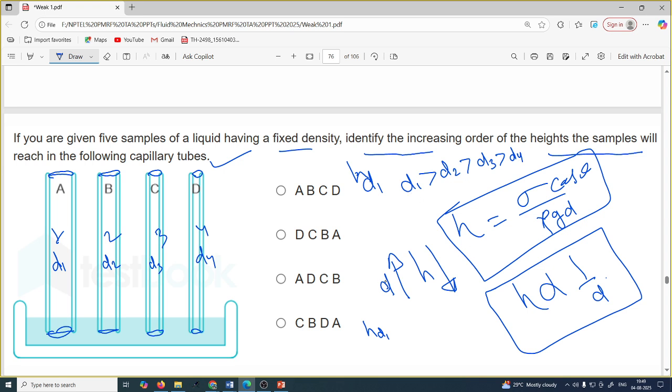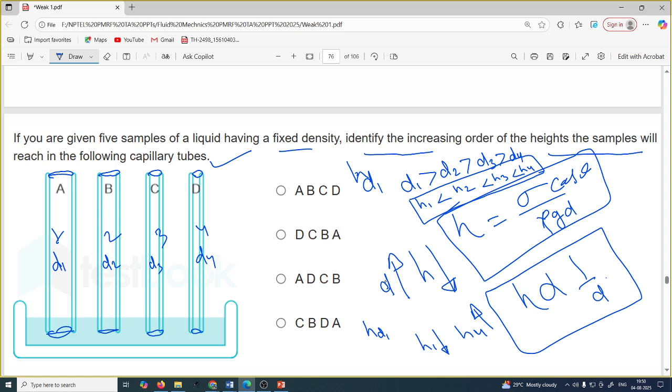Okay, so here let me write H1, H2, H3, H4. The smallest D has more height. The answer will be this one: H1 has less capillary height, and H4 will have more.